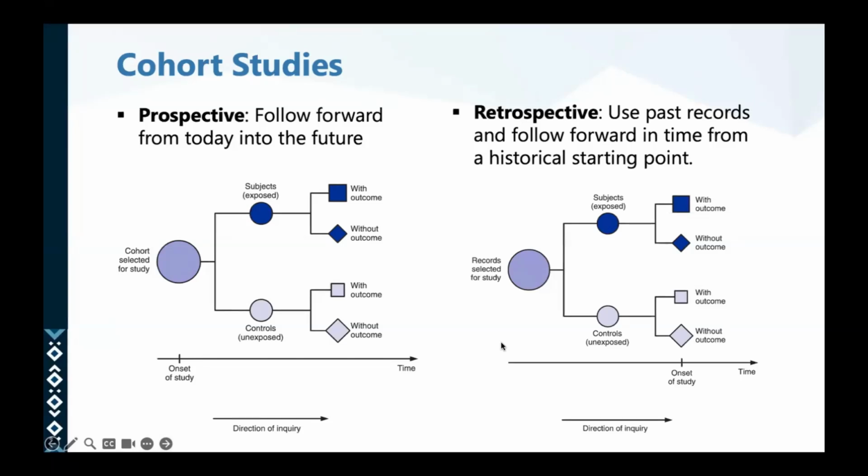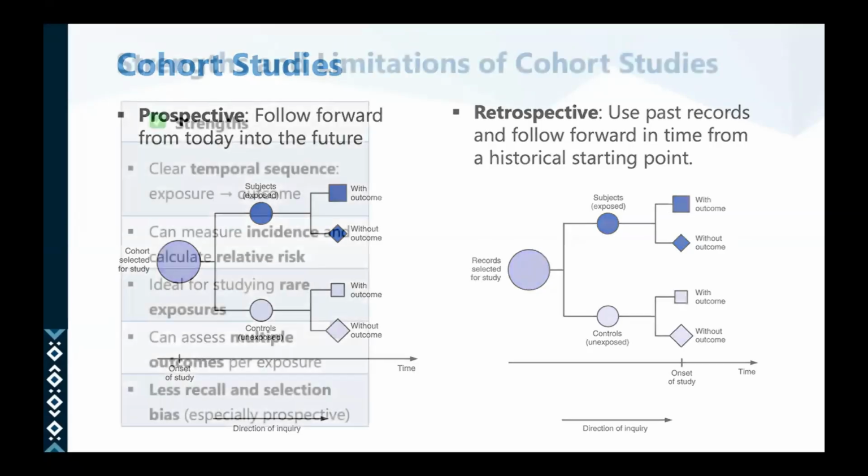These are historical files, and you go back to the records and get the risk factor or the exposure from there. In case control studies, you start with the outcome, and then you ask the patient if they remember some history of the exposure. This distinction is very, very critical to understand. The key thing is direction of inquiry. It's very important to make that distinction.